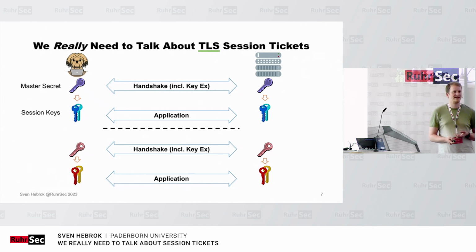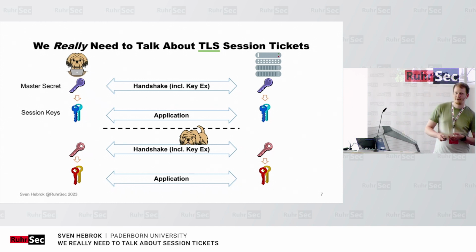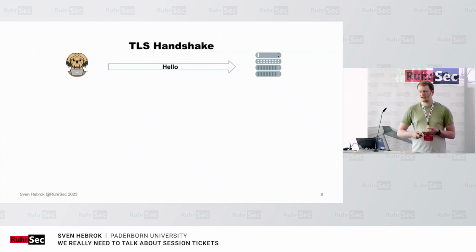However, doing the second handshake takes some time. And why would you do another handshake? It would be nice if we could somehow get rid of that. But why does it take time? So the handshake in TLS consists of several messages. As a client, you first send a hello message. You tell the server, yeah, I want to talk TLS, and the server says, okay, we can talk TLS.